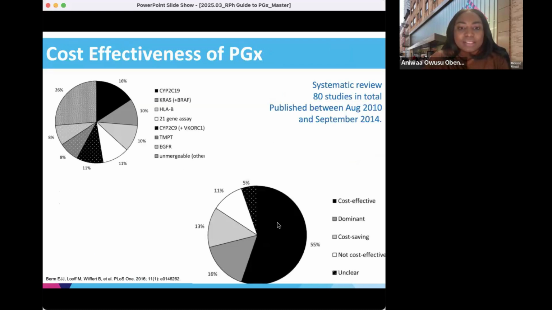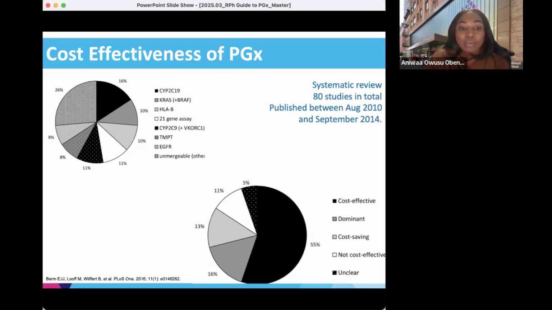And they found that of the tests they studied, 55% were considered cost effective. 16% were considered cost dominant, meaning it was way more favorable to test than not to test. Then there was also cost savings, 13%. So not cost effective was only about 11% of all the 80 studies that they reviewed.